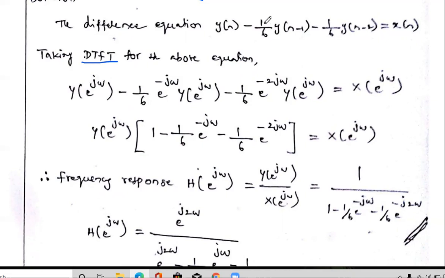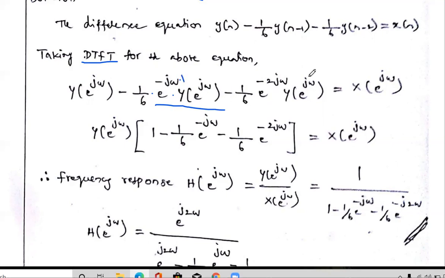Then minus 1 by 6 into the DTFT of y of n minus 1. Y of n minus 1 is the output delayed by 1 sample. According to the time shifting property of the DTFT, the y of n minus 1 signal has the DTFT Y of e power j omega multiplied with e power minus j omega, where the amount of shift is 1.